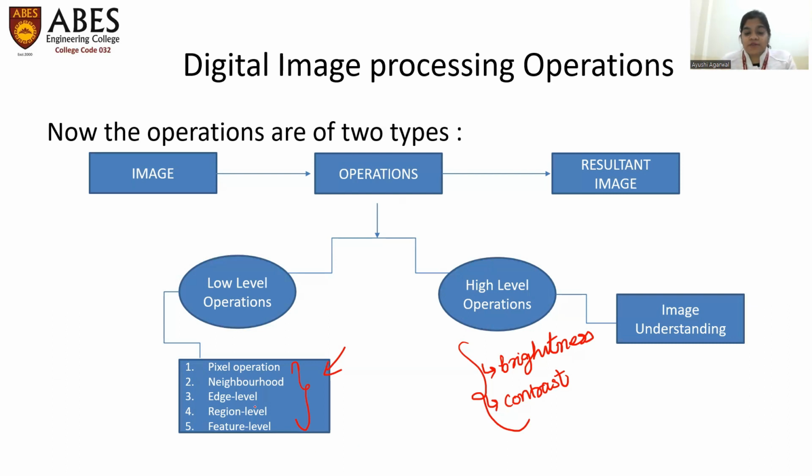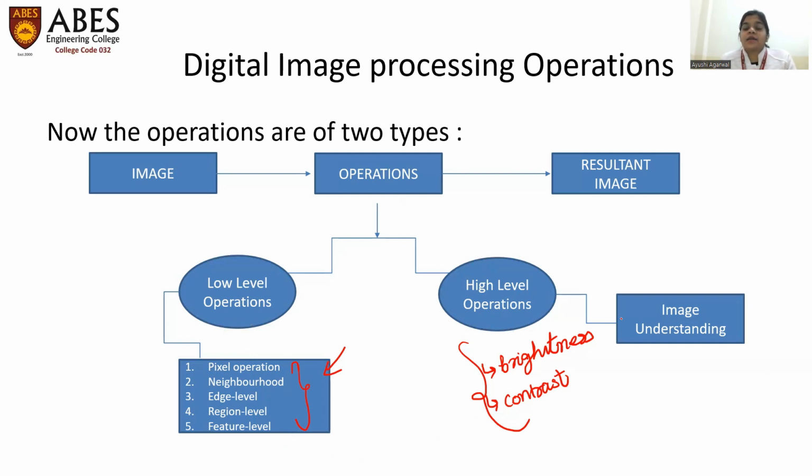Next is the edge level. Edge level basically clears the edges of any picture. Region level works on the background of a particular object, and feature level enhances the features of the object that are present in an image. So this is all included in the low level operations.